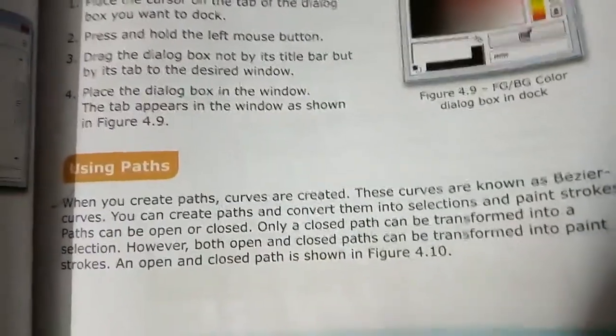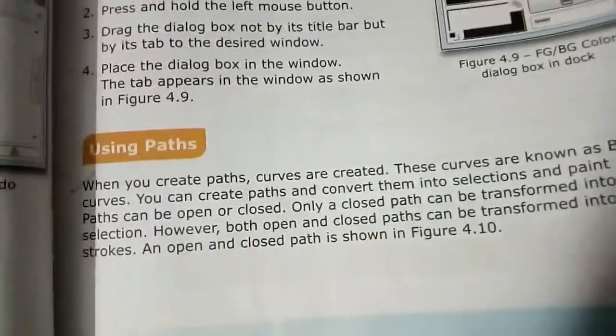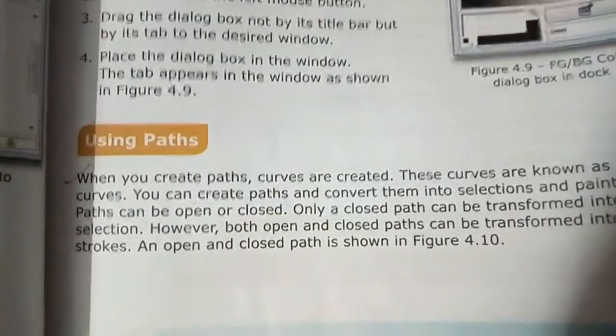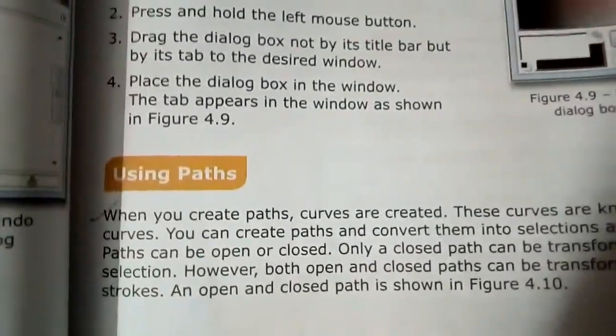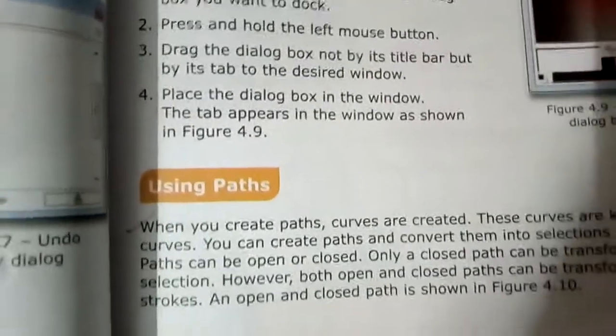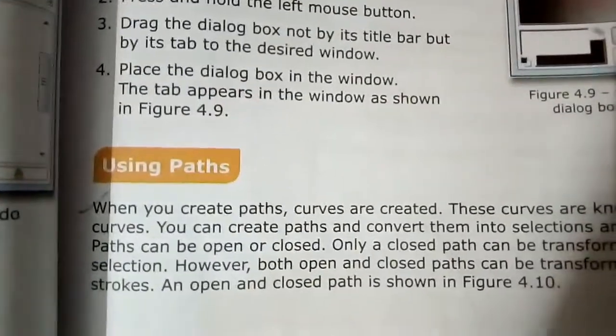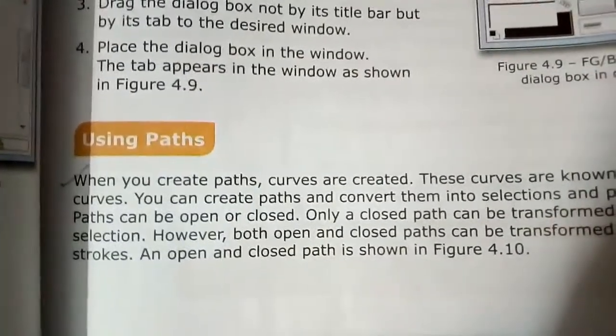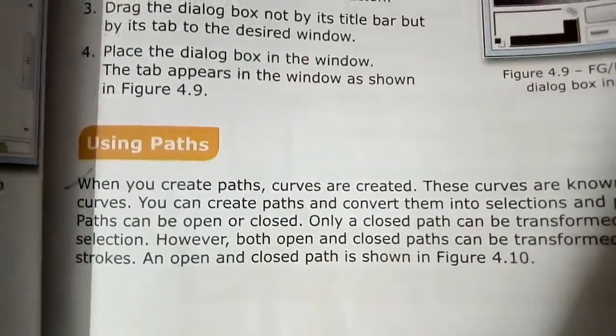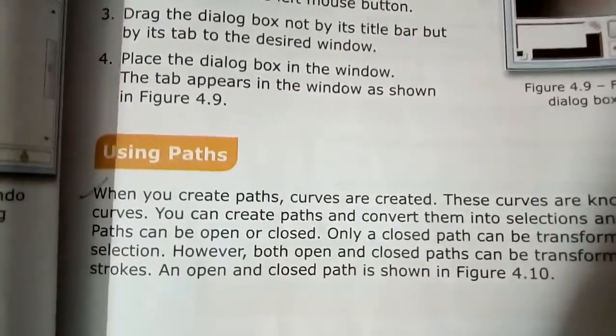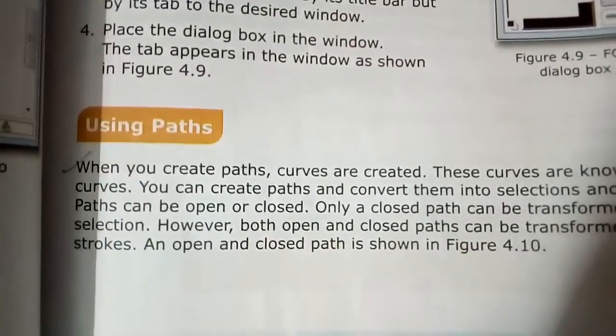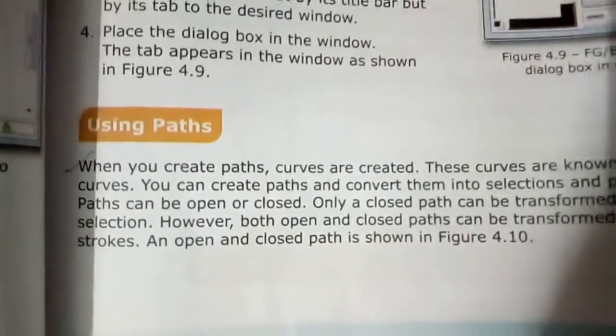So you will write like this: the paths are used to create curves and these curves are known as Bezier curves. You can create paths and convert them into selections and paint strokes. From page number 43, using paths, you can get the answer.